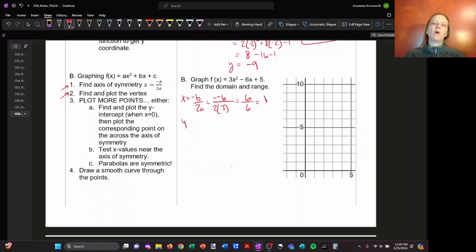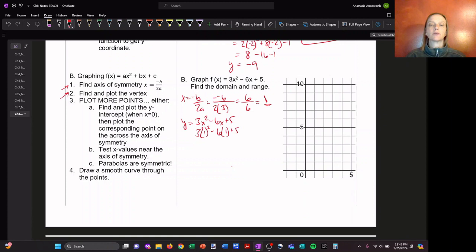Now I want to find my y value for the vertex. So I'm going to input this x value, x equals 1, into my original equation of 3x squared minus 6x plus 5. And I'll replace all of my x's with 1's.